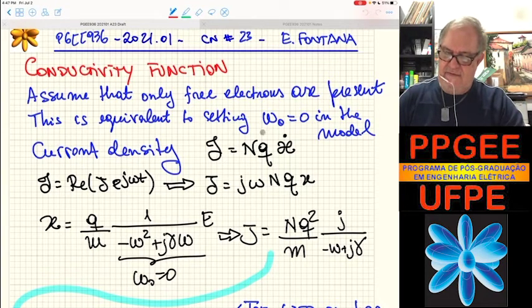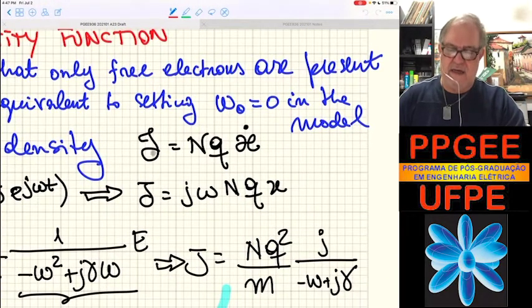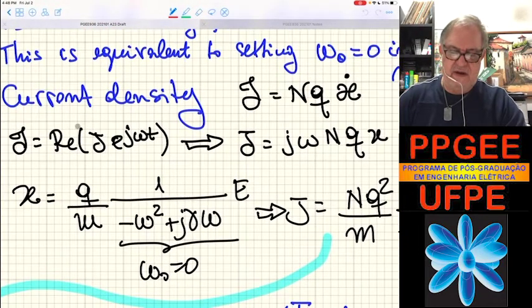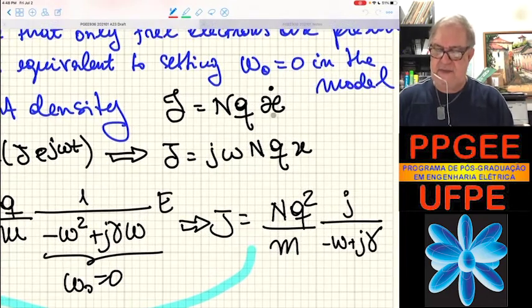So now we have the density, right? In time domain, the curly J equals the charge density times the velocity, as we defined before. So if you calculate the phasor of J, it's going to be j omega, the derivative, NQX.